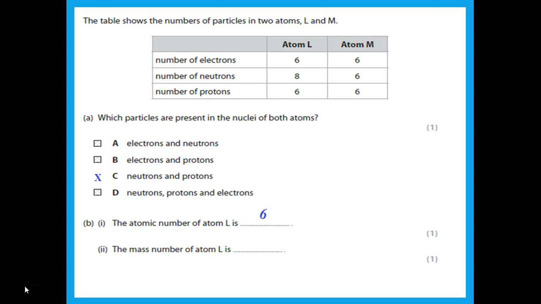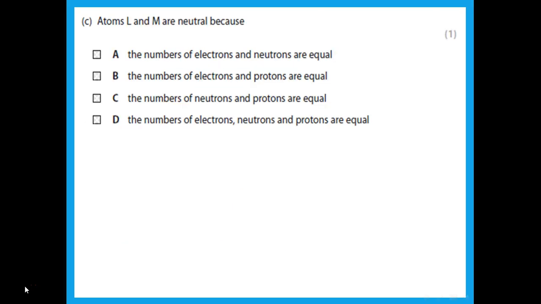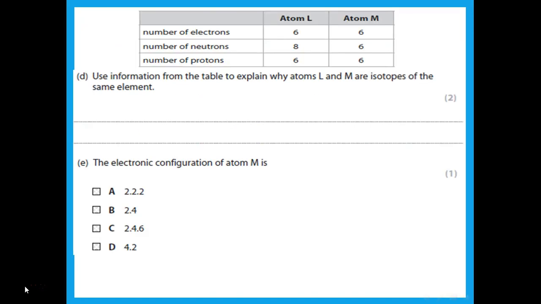Now the mass number of L, how do we get the mass number of L? That's the protons plus the neutrons, and that is 40. Atoms L and M are neutral because any atom is neutral if what? If the number of electrons and protons are equal. Okay?